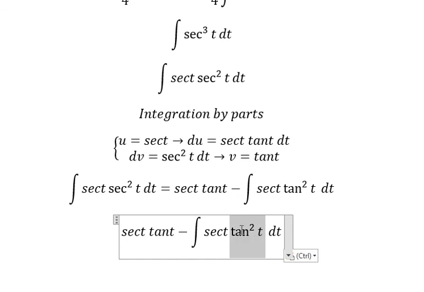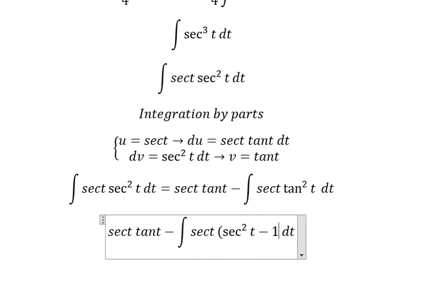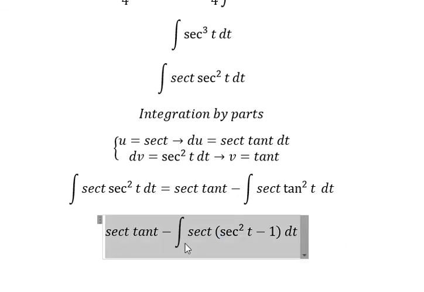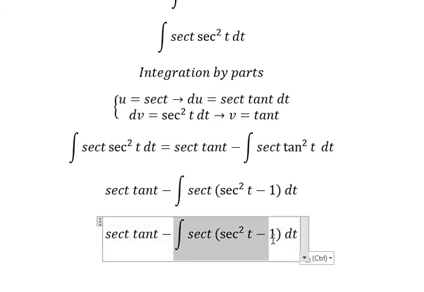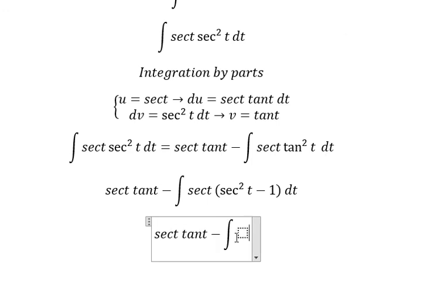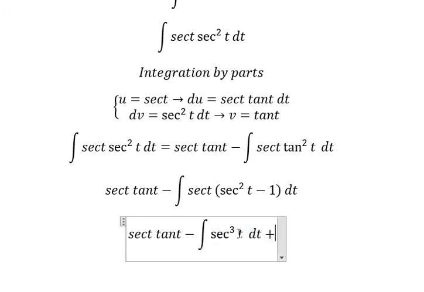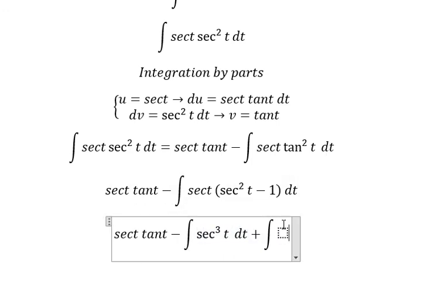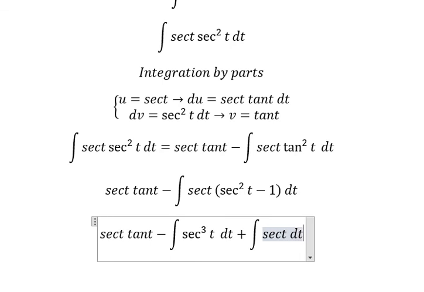So this one we can write as secant of t squared minus 1. And now we need to expand this one. And you get the integration of secant of t to the power of 3 dt plus the integration of secant of t dt.